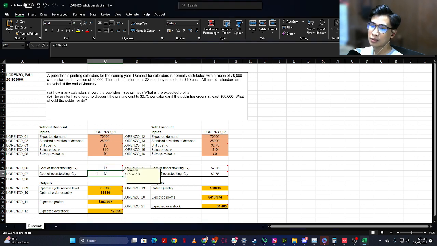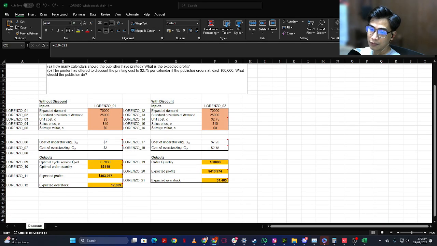Now let's compute the cost of overstocking. That's usually the other way around: the unit cost minus the salvage value. So 3 minus 0 is $3. And then the optimal service level, how do we calculate that? Very simple.